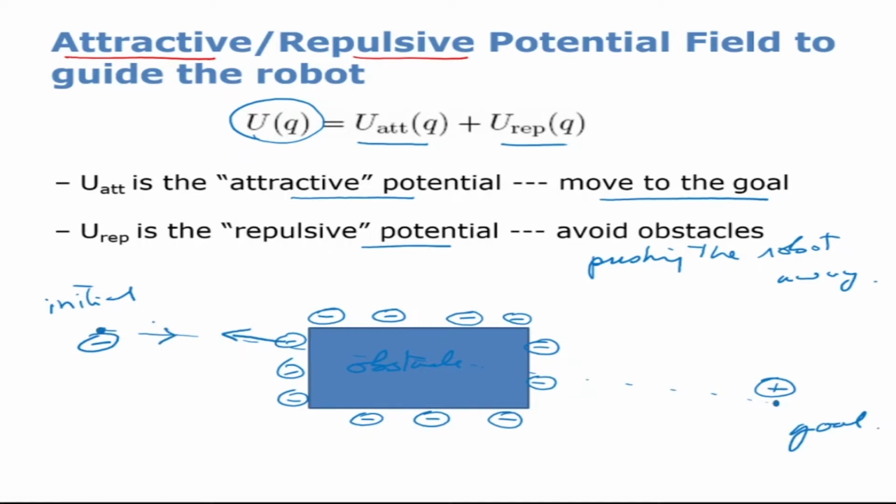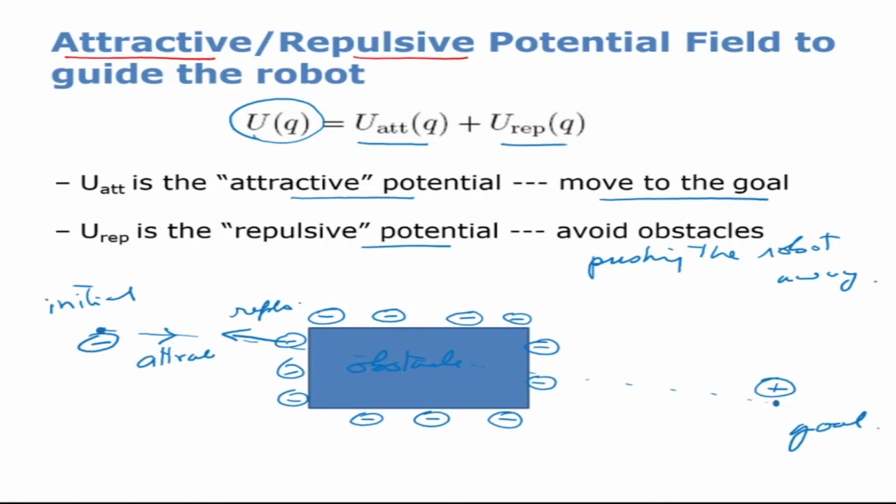What is going to happen at this point is there is going to be a net resultant. This is my attractive force and this is my repulsive force. The robot will be subjected to the vector sum of these 2 forces, and it will go in the resultant direction. If the repulsive force is more, it will push it away.